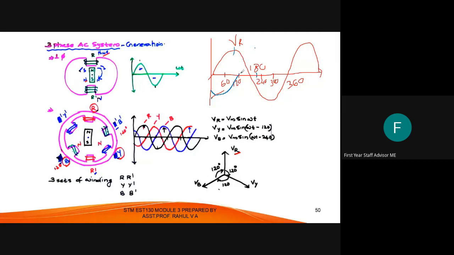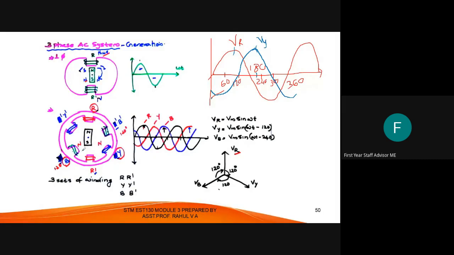So 210 point is here. So I should draw like this. After reaching 210, again it will take 90 degree to reach 0. So 210 plus 90 degree, 300. So at 300 exactly it will come 0. So I can draw the second Vy like this, voltage at Y winding.